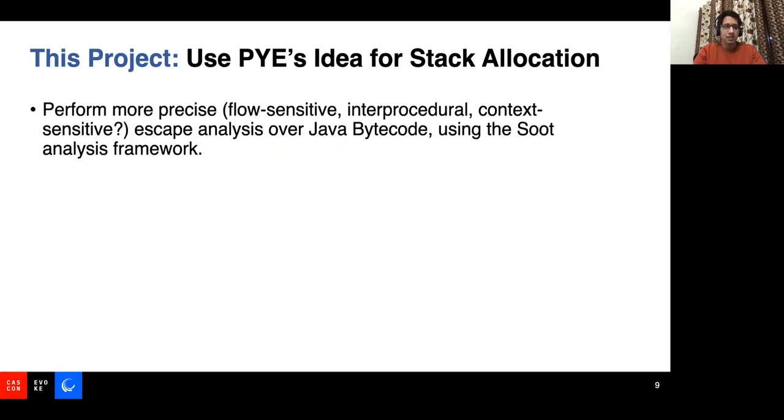So as the first step, what we could do is perform a more precise analysis. By more precise, I mean, let's say flow sensitive, interprocedural, perhaps context sensitive escape analysis over Java bytecode, say using the Soot analysis framework, which is a popular static analysis framework for Java programs.